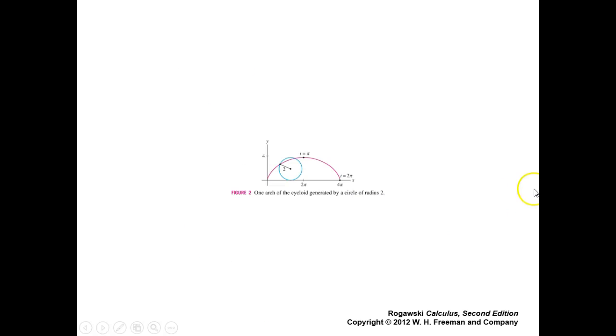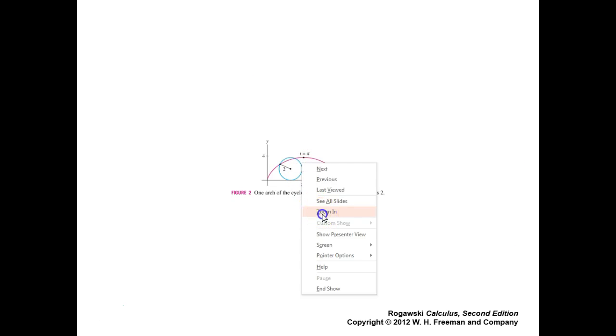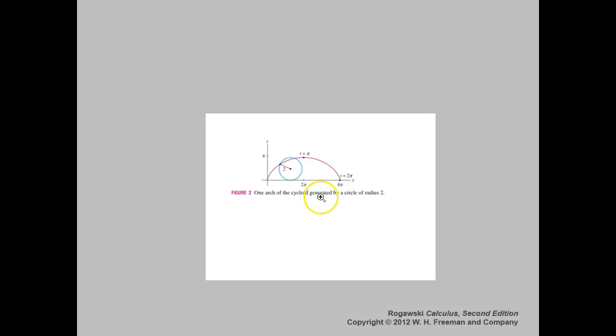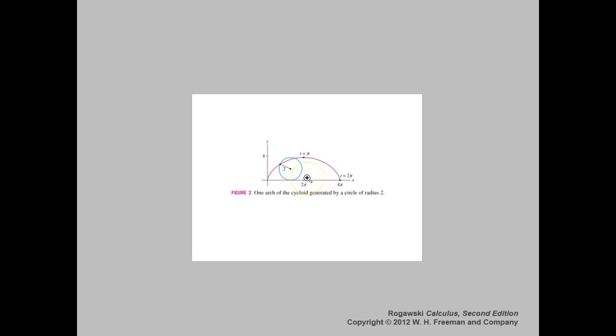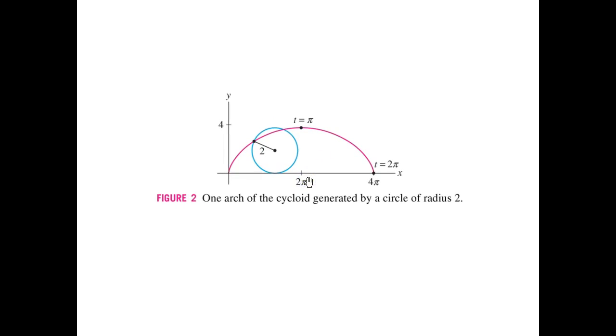Let's go to this one. We talked about this shape before, but it's called a cycloid. Find the length of one arch on the cycloid generated by a circle of radius 2.